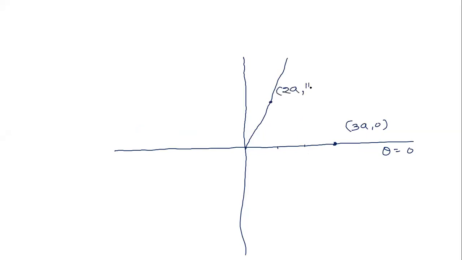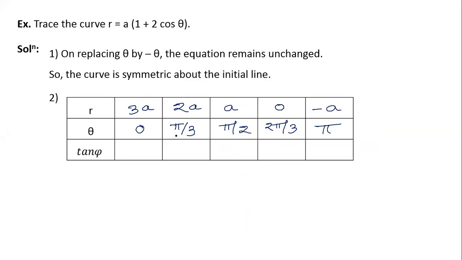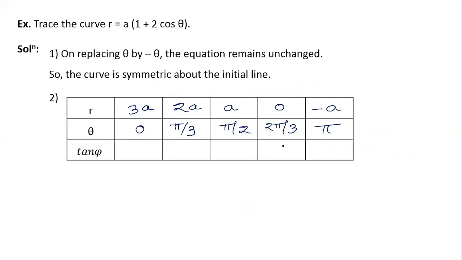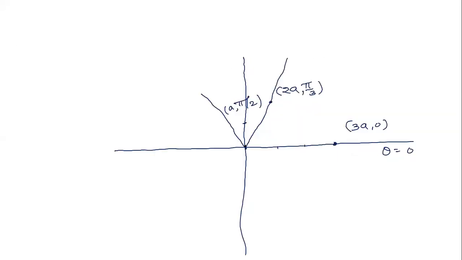Then theta is equal to pi by 2, r equal to a. Then theta equal to 120°, r is equal to 0. So this is the point, r is equal to 0 and 2 pi by 3.